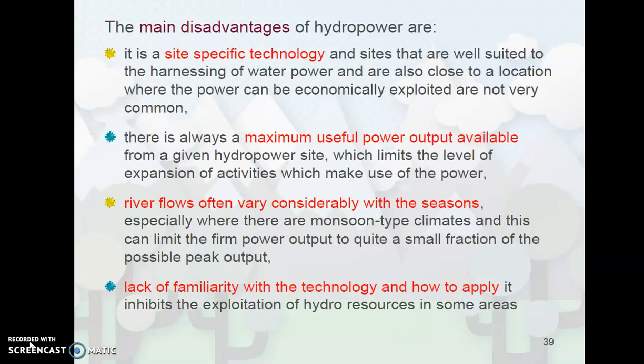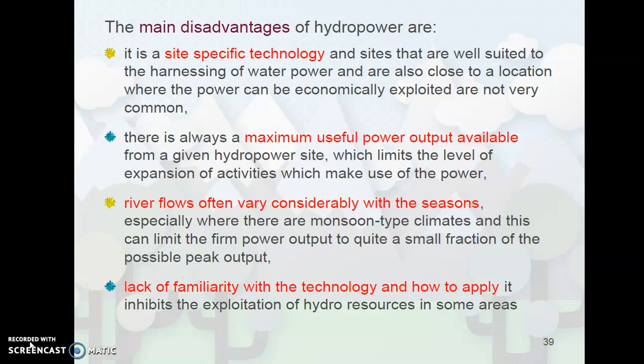The main disadvantages of hydropower are: it is a site-specific technology, and sites that are well suited to harnessing water power and are also close to a location where the power can be economically exploited are not very common. There is always a maximum useful power output available from a given hydropower site, which limits the level of expansion of activities which make use of the power.